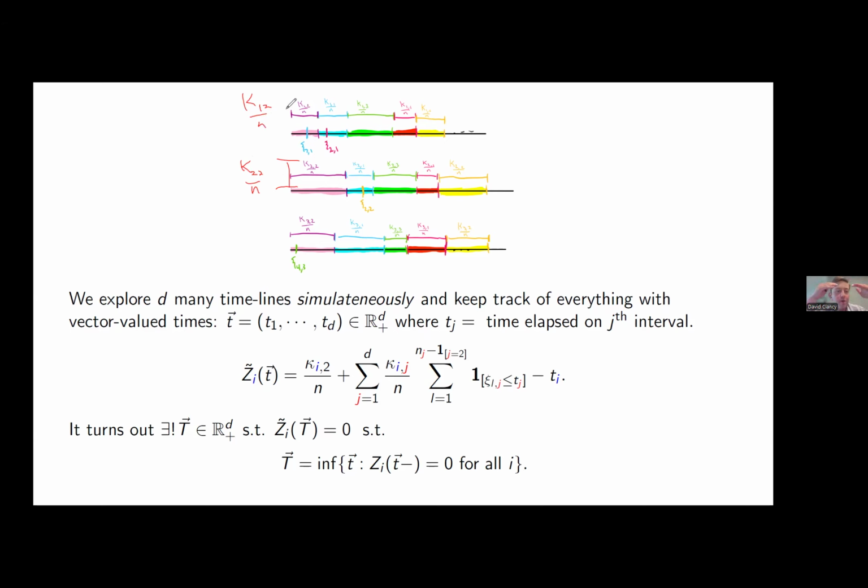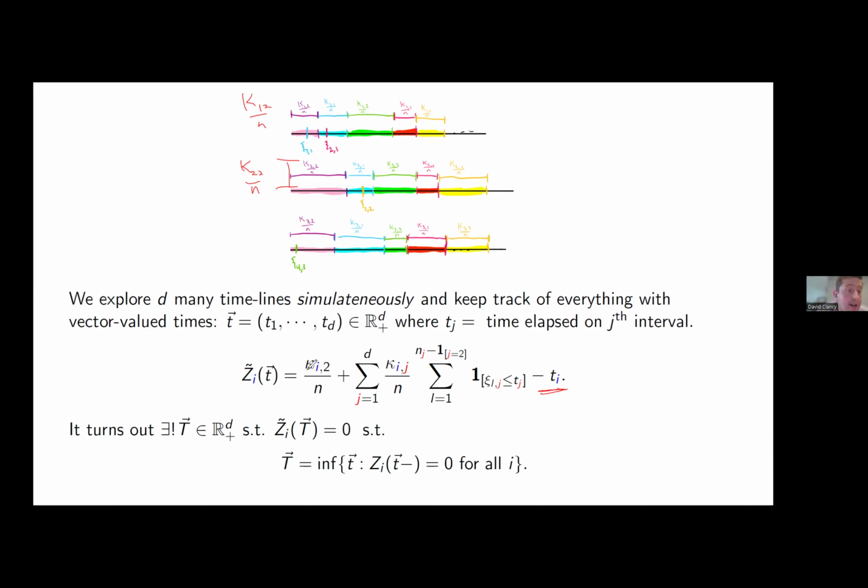And then we start out at some non-trivial height. So we're going to have to hit 0 by increasing this negative drift some amount. So this forces T_i to at least be kappa_i2 over n, for all i.